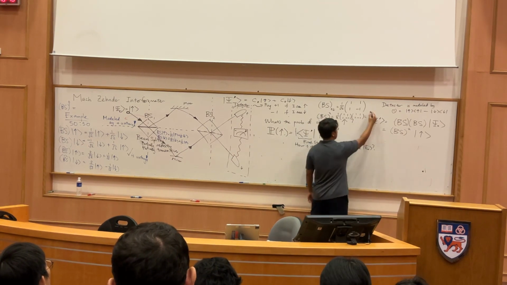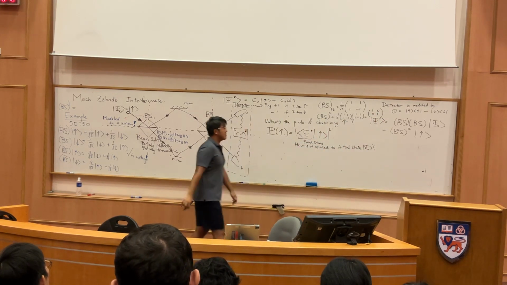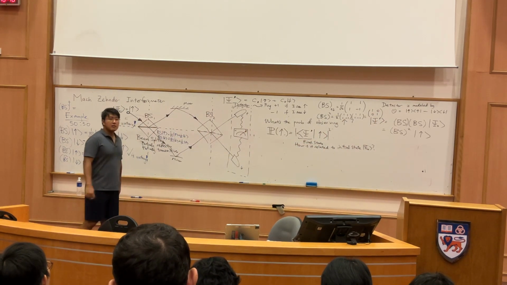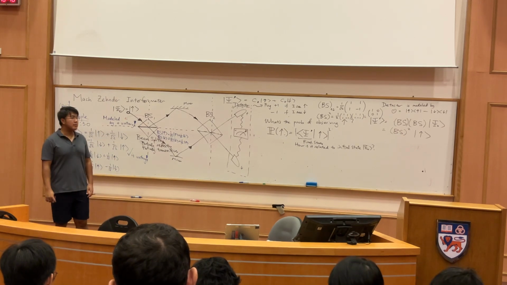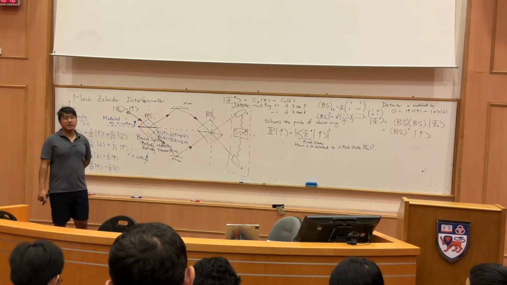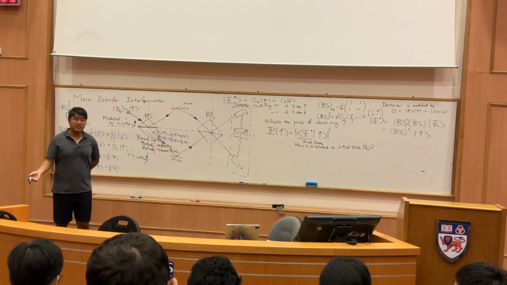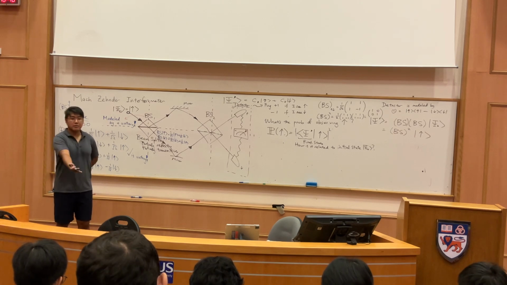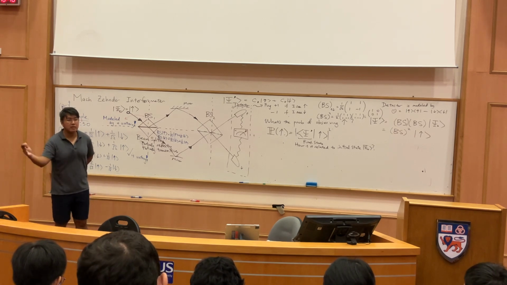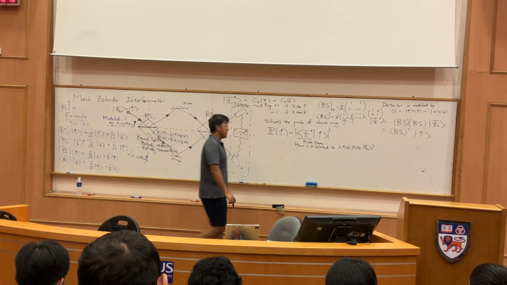But that is just 1, 0, 0, 1. That's just the identity. Another way you can see that is that BS is unitary and its adjoint is itself. So BS dagger BS is identity, but BS dagger is BS, so BS squared is identity. Okay, good.